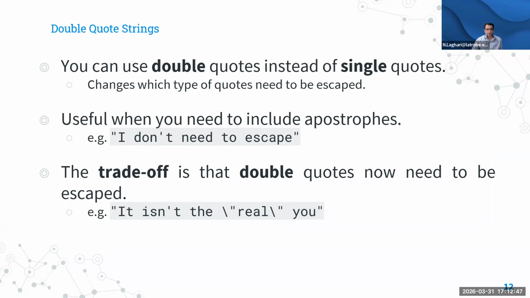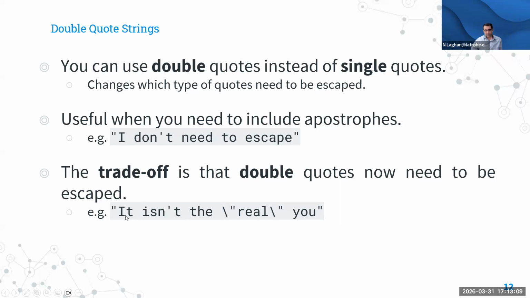Double quotes in a string are useful. For instance, if you want to print I don't, you don't need to escape, and in that case, if you use a single apostrophe, that will be fine.